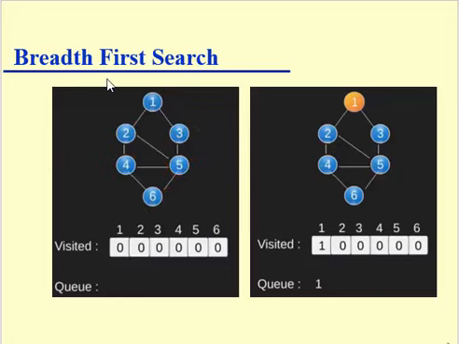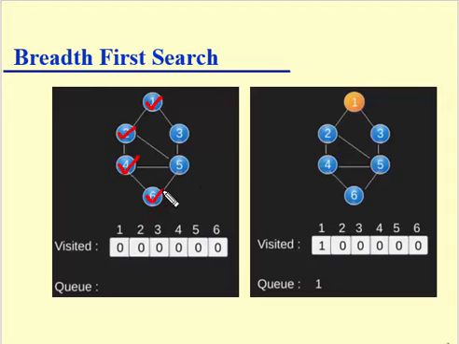But in depth first search, the order would be different. If you are starting from 1, after 1, suppose you are visiting the second node. After visiting 2, you don't have to go to 3. First, you will go to all the nodes connected to 2. Suppose I am visiting 4, then all the nodes connected to 4, it can be 6, it can be 5.